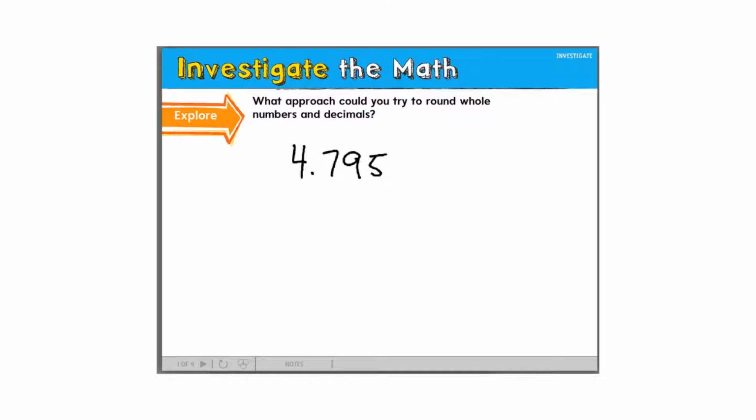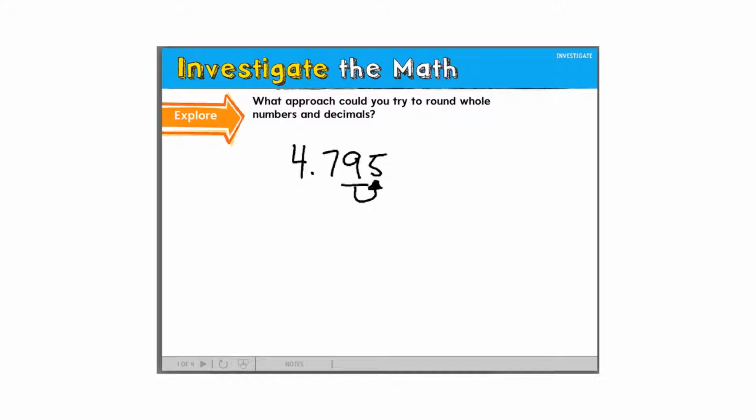That would be 9. The 9. So we underline the 9. We look to the right. And since I see a 5 there, what does the rhyme say I do when I see a 5? 5 or more, you up the score. So the 9 is upped.